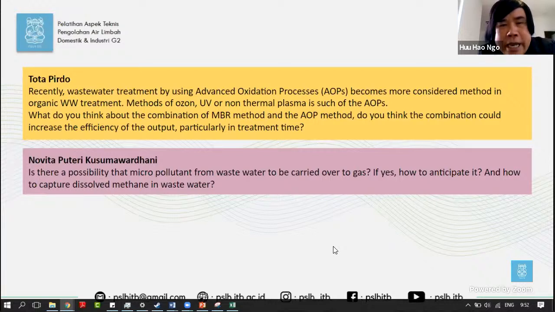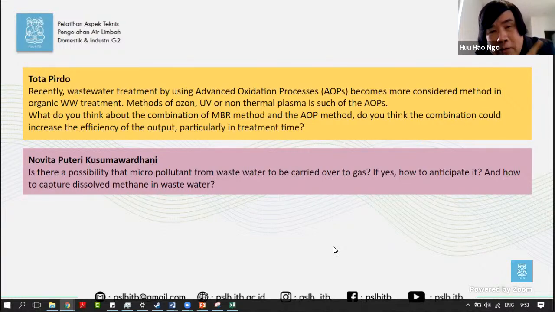If you can use AOP together with the MBR, either aerobic or anaerobic MBR, it is excellent. I can expect the removal efficiency, especially of organics, from COD, to be about 100%.